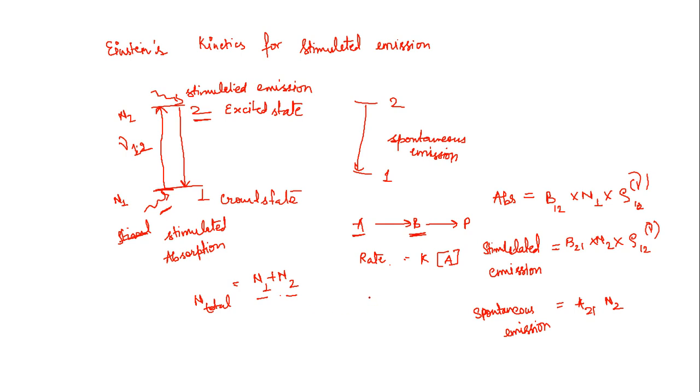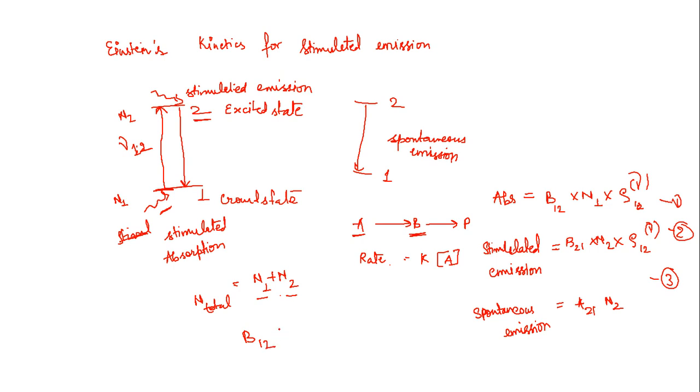So we'll write, in the steady state approximation, the overall rate will be 0. First, we'll call these equation 1, equation 2, and equation 3. So the net rate, or the net difference, is 0.